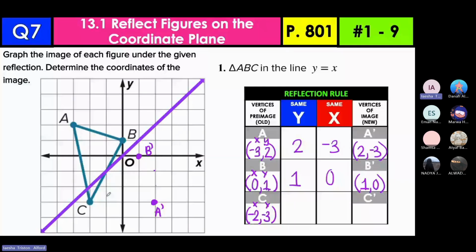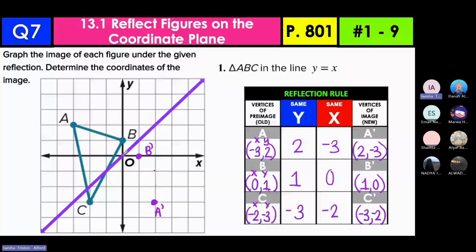For C prime, keep the same y. What number is the y? -3. And what number is the x to keep the same? -2. So -3 and -2. How do you find it in the graph?